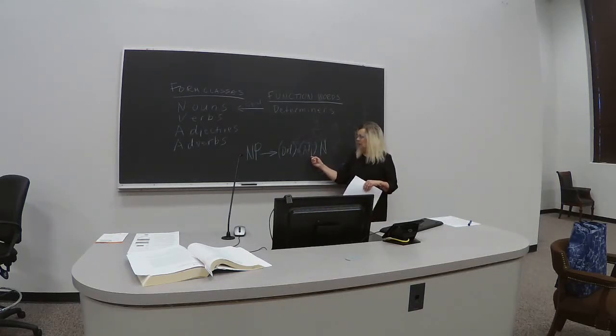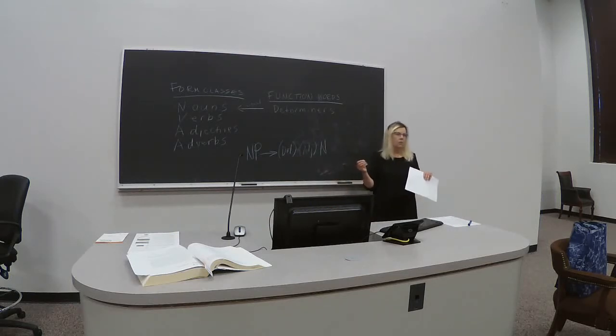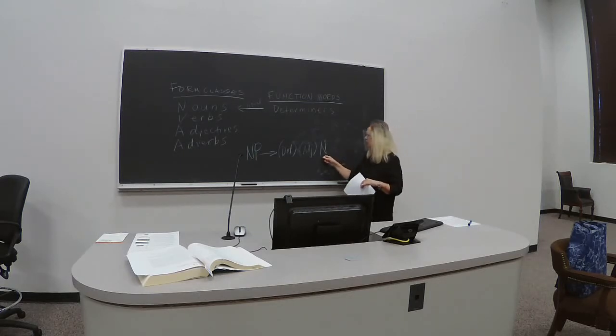So these parentheses, what do they mean? That this element is not obligatory, it's optional. We can have it or we don't have it. So in the case of the word house, it needs to have some kind of determiner in front of it.